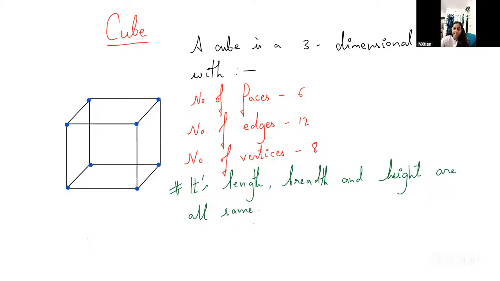So the length, breadth, and height of a cube are the same.